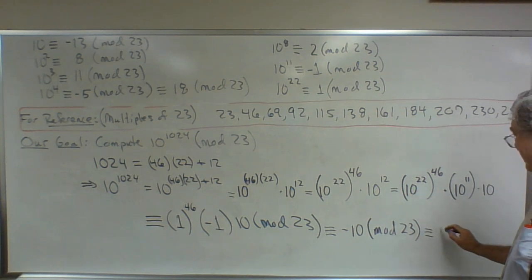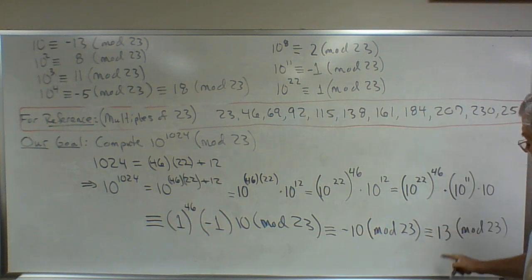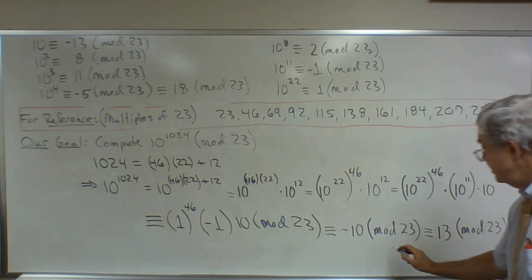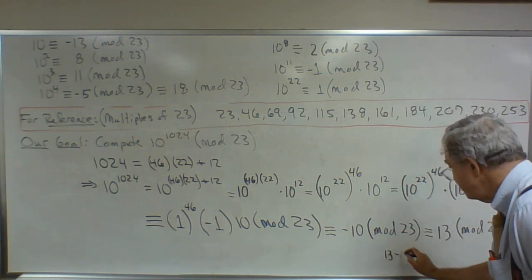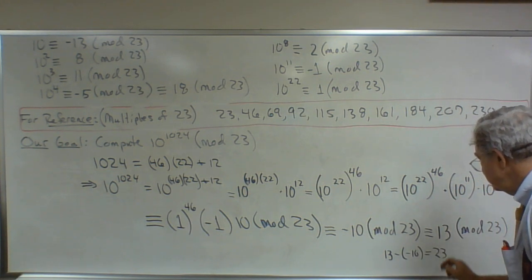And if I want a positive number, I can add 23. Now, why is negative 10 congruent to 13? Because their difference, 13 minus negative 10, is equal to 23.